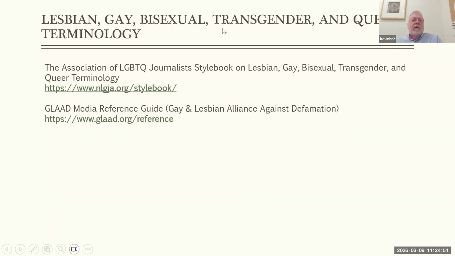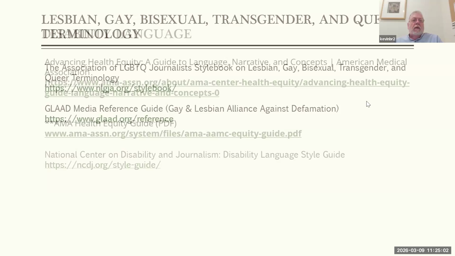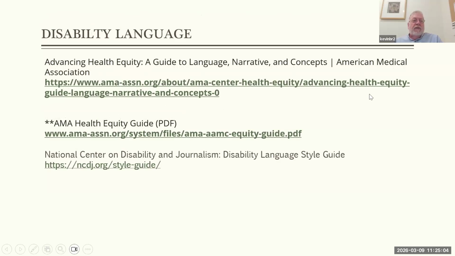And in terms of the LGBT community, they have some guides for writing styles in that community. Disability language. I want to bring your attention to the second resource, the AMA Health Equity Guide, and then the National Center on Disability and Journalism.